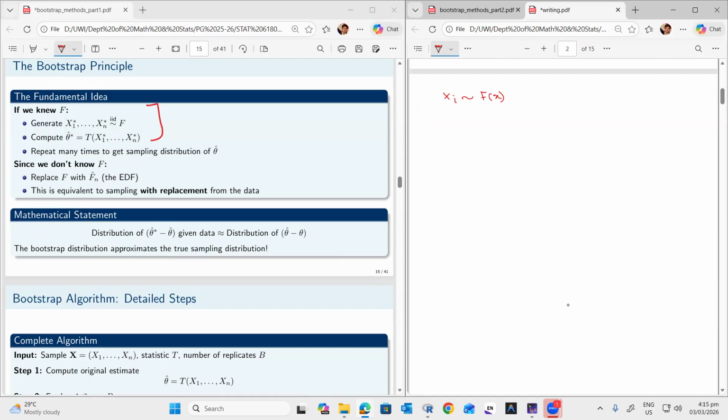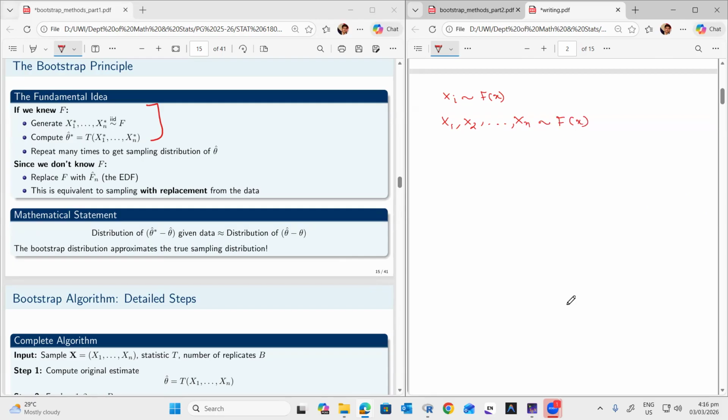You can use those methods and generate your sample x1, x2 up to xn from your given CDF F(x), right?